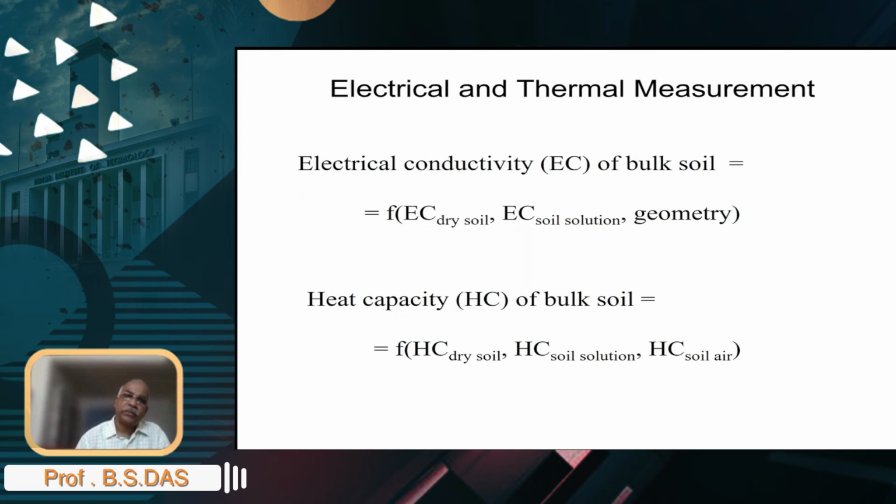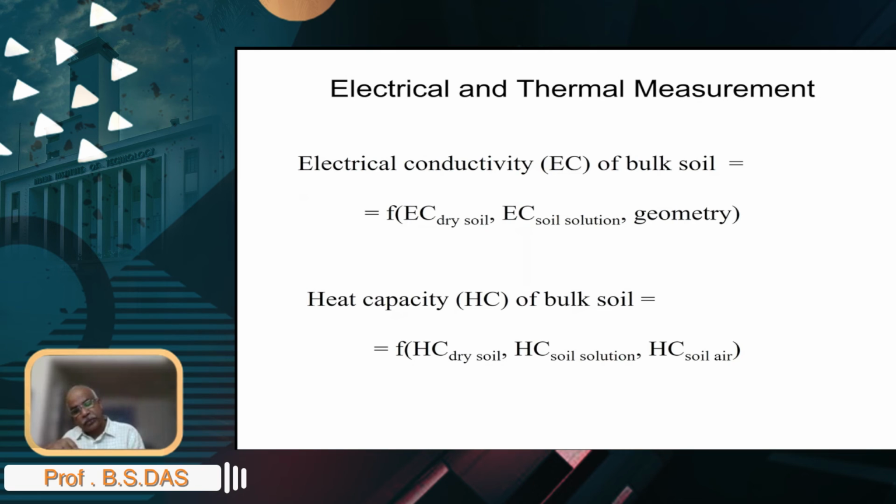One uses the electrical conductivity of the soil. The electrical conductivity of the bulk soil should be a function of the electrical conductivity of the dry soil, which should be very, very small compared to the electrical conductivity of the soil solution, because the soil solution has all the electrolytes that contribute to the electrical conductivity.